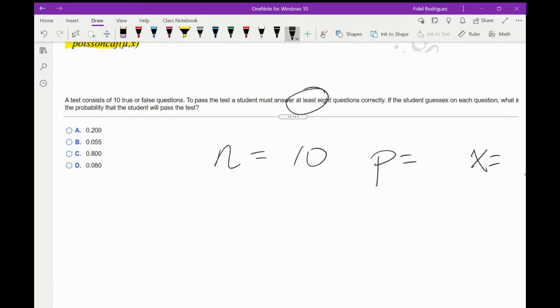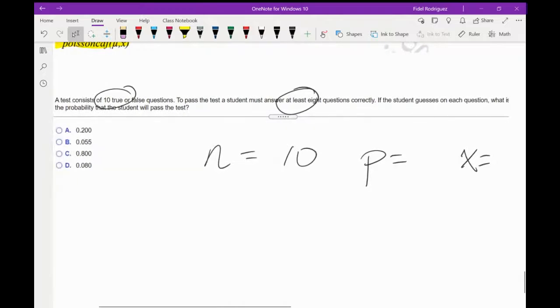So n is 10 because there are 10 questions. Those questions are true or false. If you guess on each question, what's the probability you're going to get it right? 0.5.